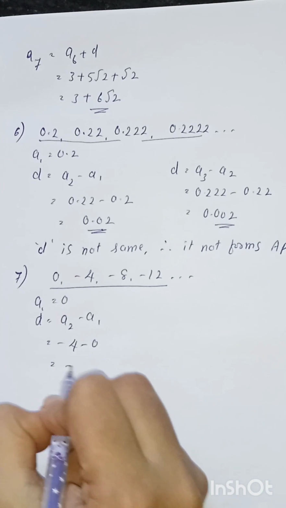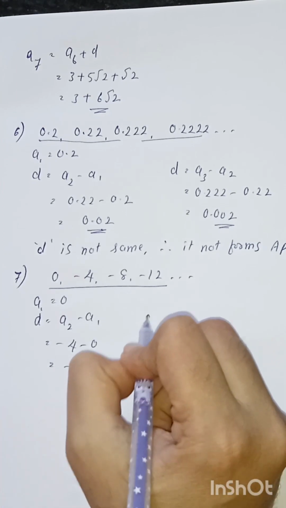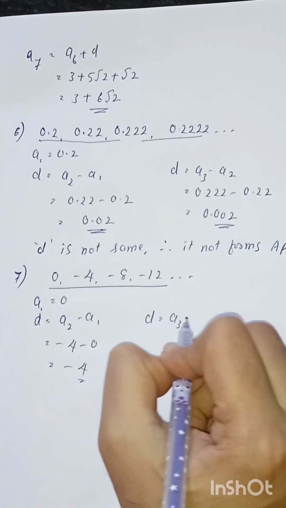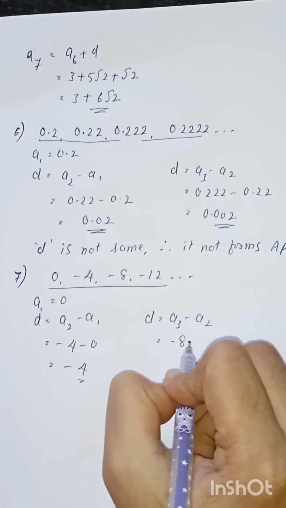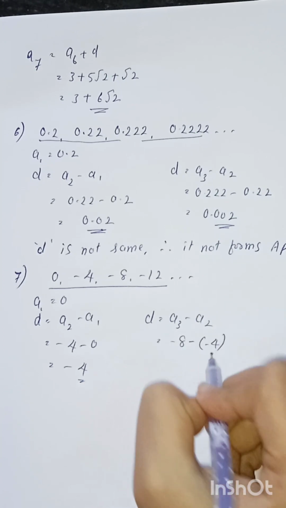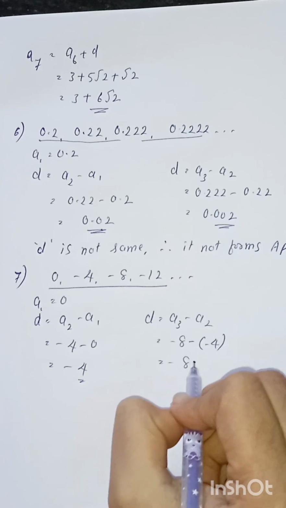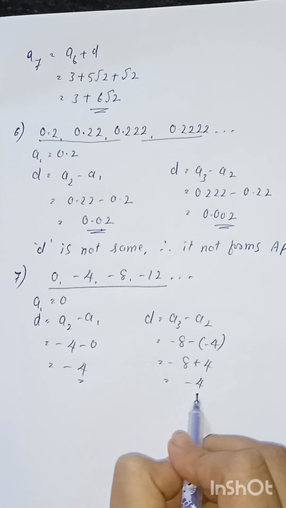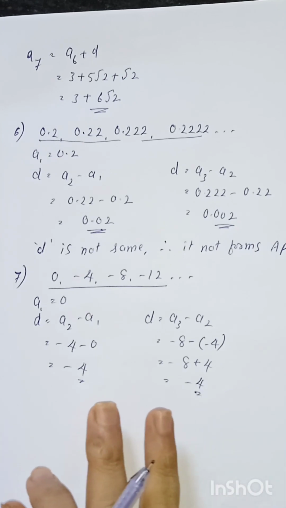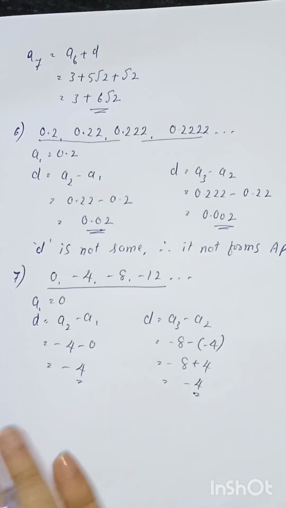Your answer is minus 4. In the same way, A3 minus A2. What is A3? Minus 8 minus of minus 4. It means minus 8 minus into minus, plus 4. Your answer is minus 4. So we are getting the same common difference as minus 4.